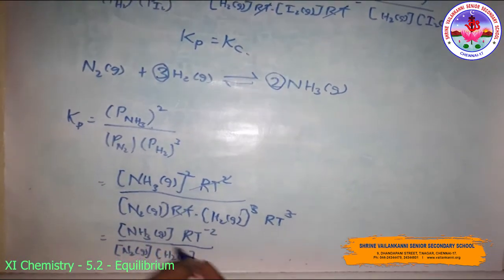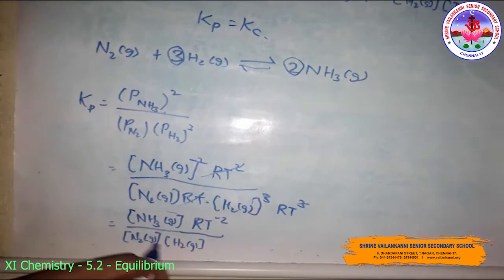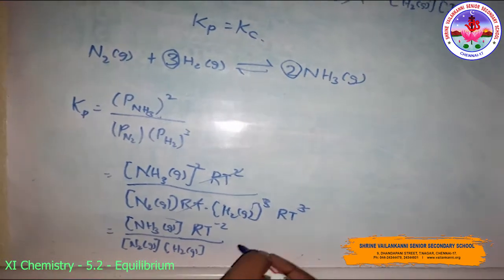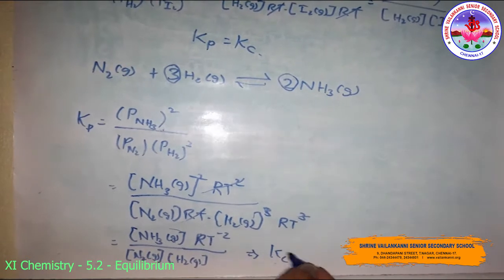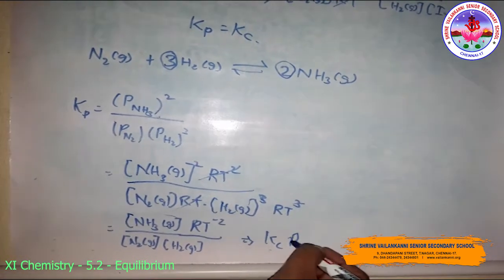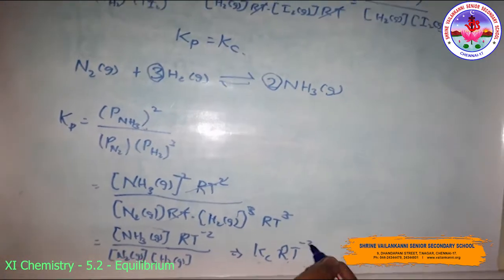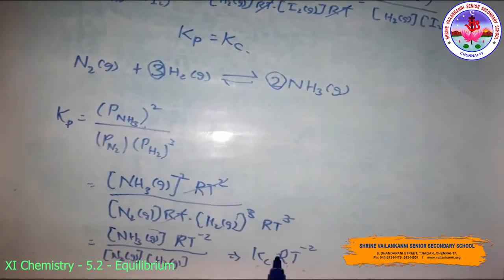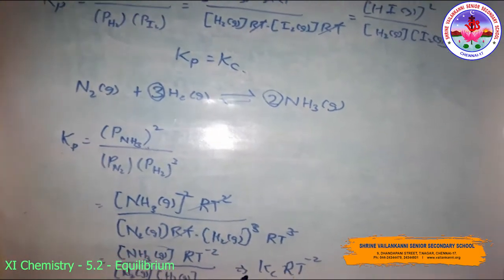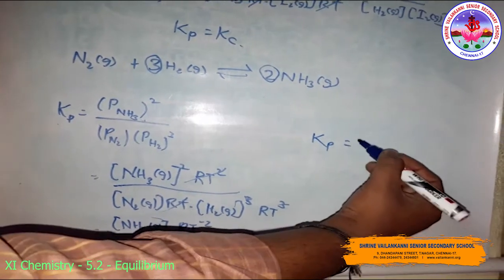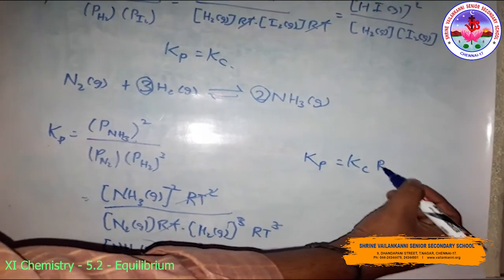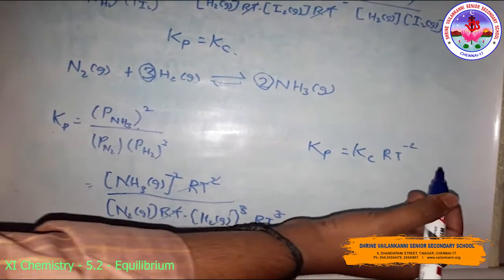Okay, so here this term is also Kc. So we can rewrite it as Kc into RT power minus 2. So here Kp is equal to Kc RT power minus 2.